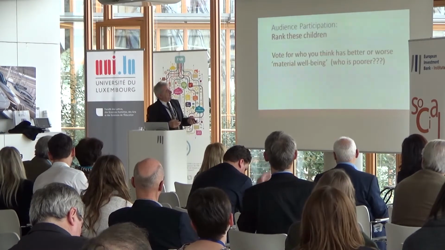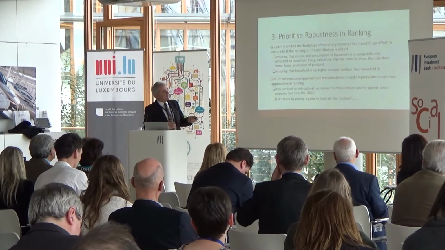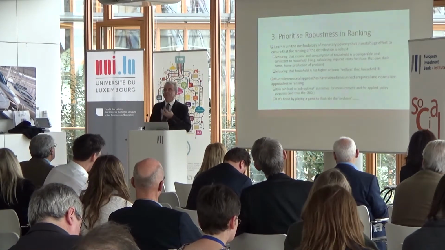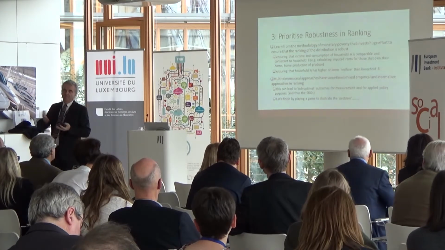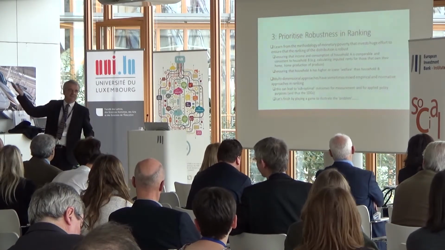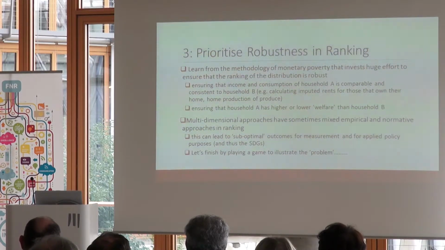And the problem at the moment is that some of the approaches that we have before us mix both empirical and normative approaches to measuring people's needs and to ranking them. And I think that possibly can lead to suboptimal outcomes if you're looking for measurement and how to respond to poverty. So to finish, we're going to play a game.